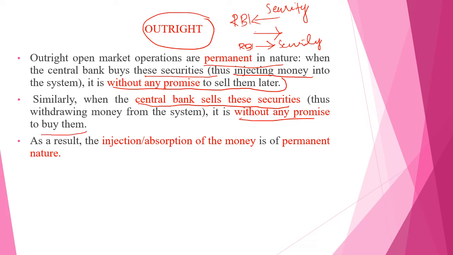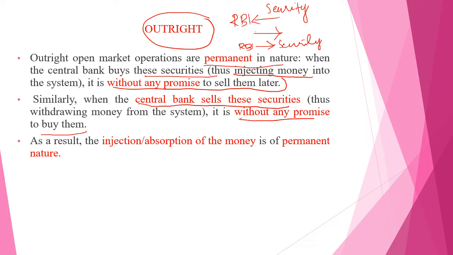There is no agreement to buy the securities back later. That is why this operation is called outright operation. In the outright operation, there is no promise of date and price.